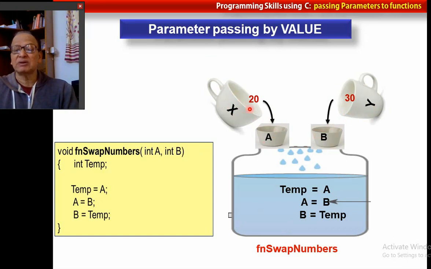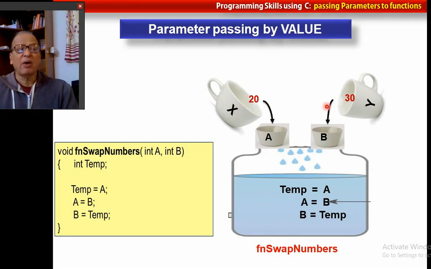So this is called passing parameters by value. I put those values, but my original variables contain the same values. So there is not going to be any change. Though inside it has changed, swapped numbers, it is not affected in these two variables x and y.